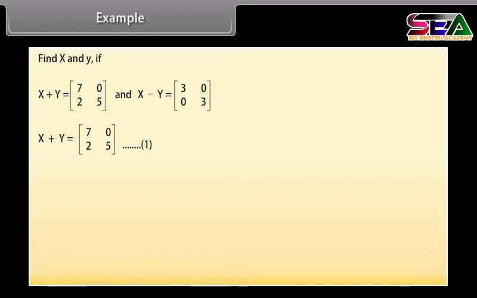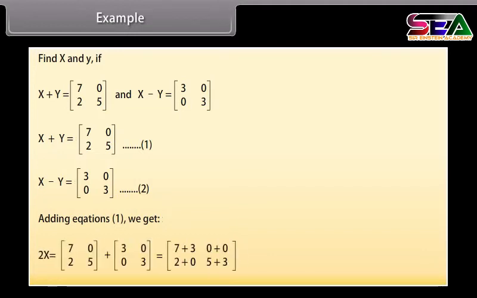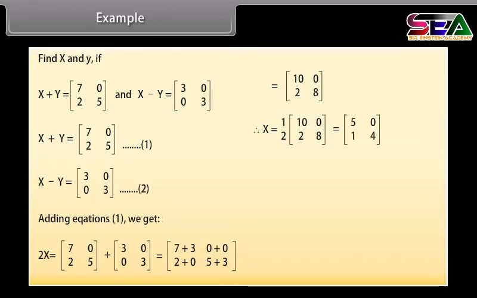Given X plus Y and X minus Y, mark them as 1 and 2. Now add equations 1 and 2, we get 2X is equal to the matrix, row-wise, first row 10 0, second row 2 8. Therefore, X is equal to the matrix, row-wise, first row 5 0, second row 1 4.